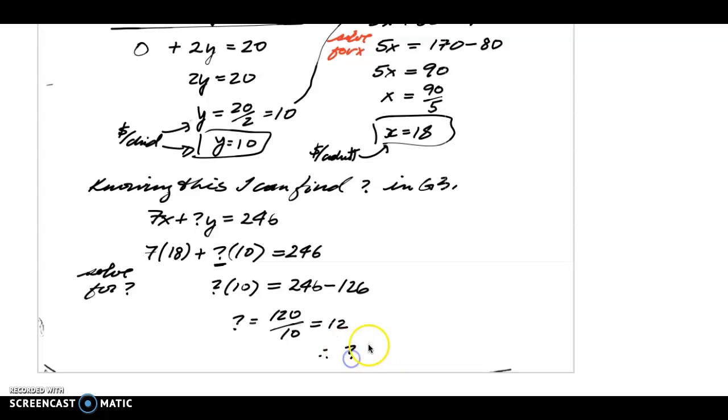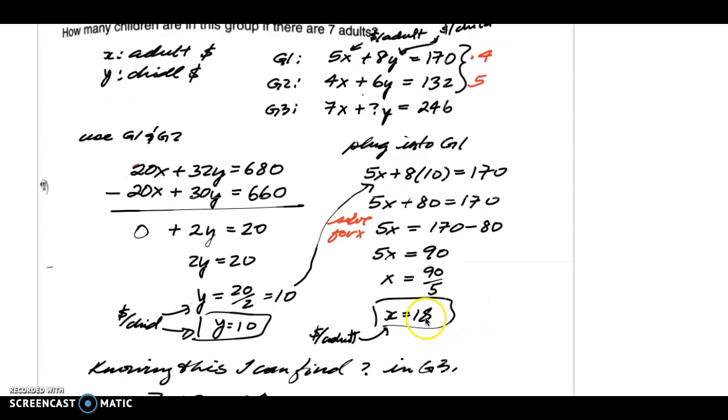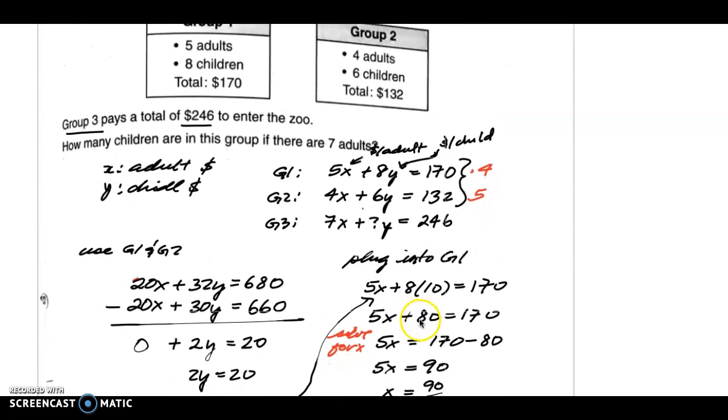Therefore, the question mark, which is really the number of children in group 3, in G3, is 12. We're done. That's it. There is the number of children in group 3.